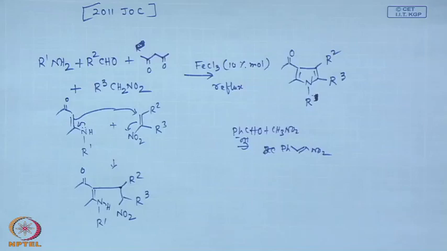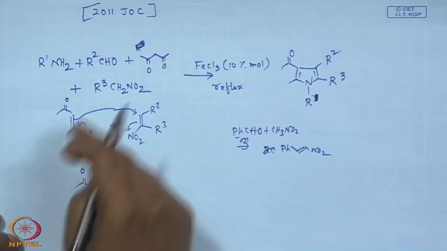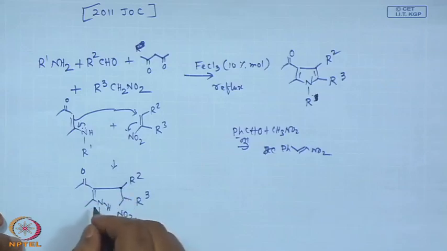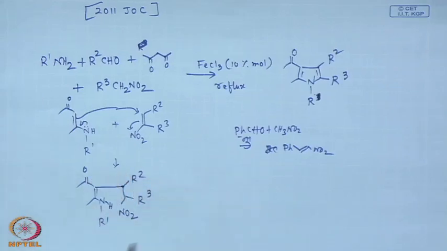You can do all kinds of other mechanisms. What else? That means the Michael addition taking place, then again isomerization, and eventually you get basically the addition of the two components. What next can you expect?